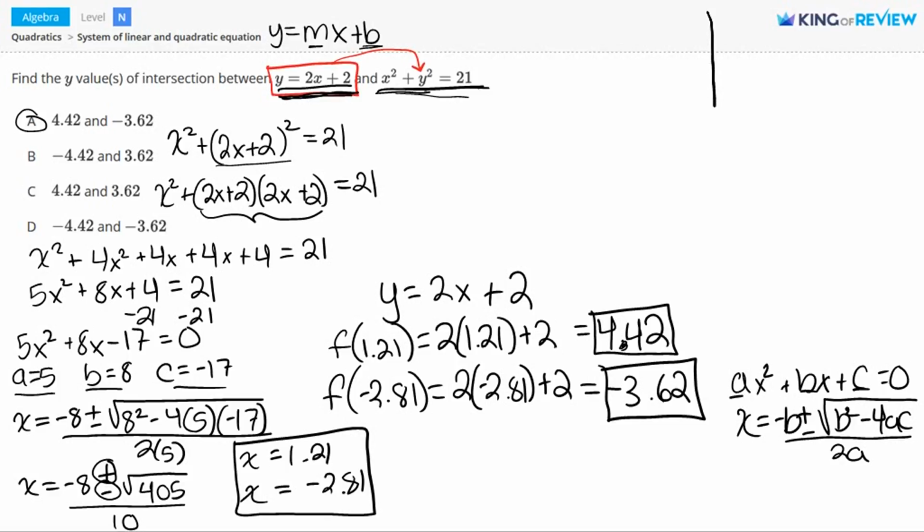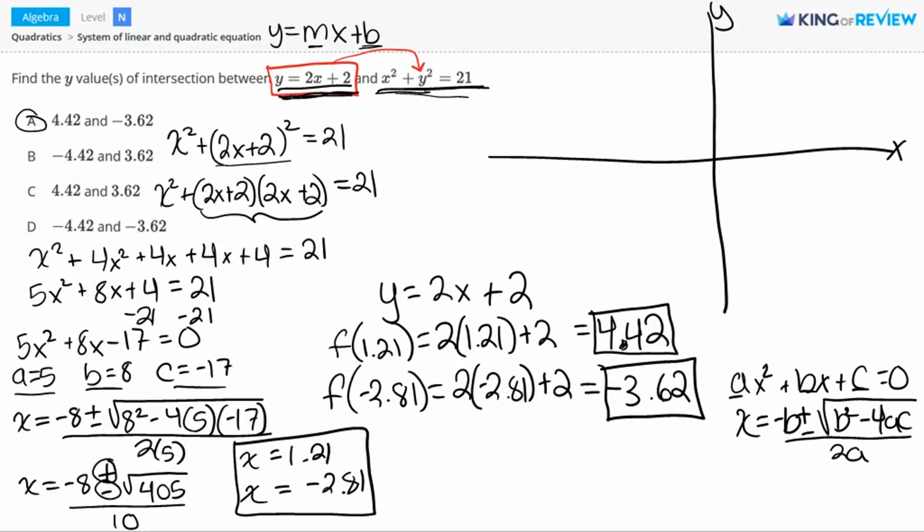So let's plot this line. We have a coordinate plane here. Here's our x-axis and our y-axis. Okay, so we have y equals 2x plus 2.